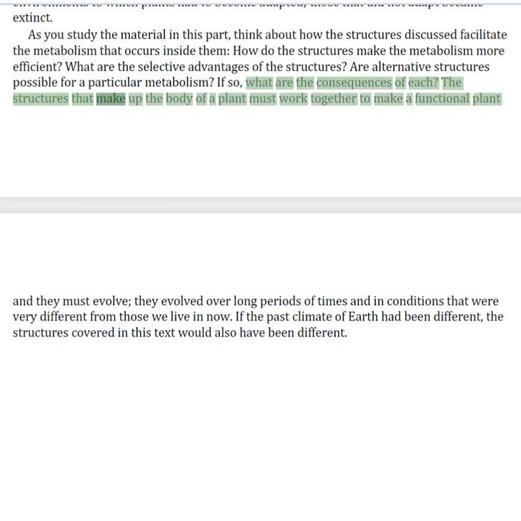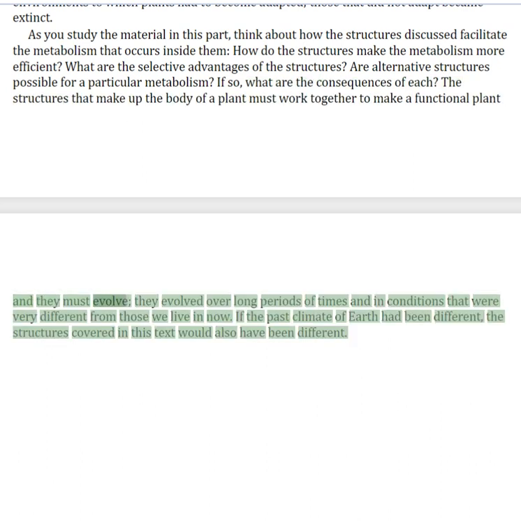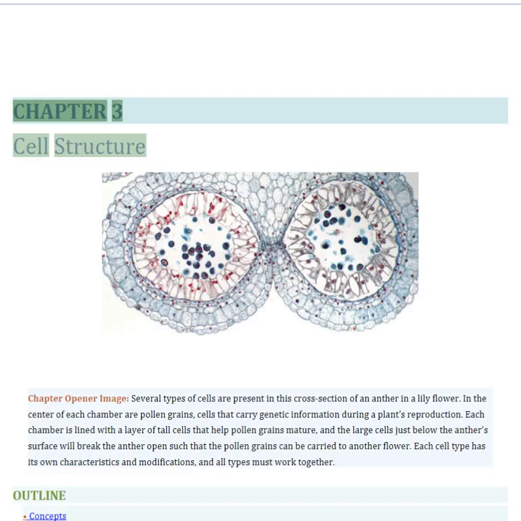The structures that make up the body of a plant must work together to make a functional plant. And they must evolve. They evolved over long periods of time and in conditions that were very different from those we live in now. If the past climate of Earth had been different, the structures covered in this text would also have been different. Chapter 3 Cell Structure.